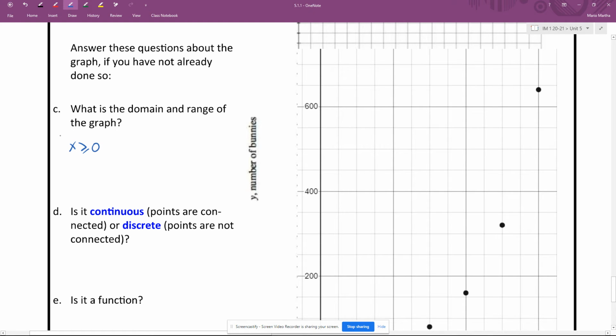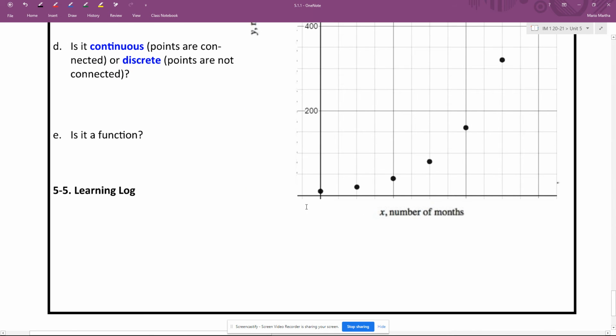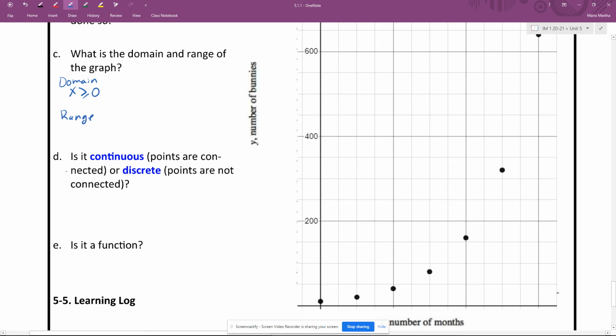This is our domain, and it never stops; we continue moving month after month. And then the range. For this particular function, our lowest point was 10, so anything above 10 is our range.